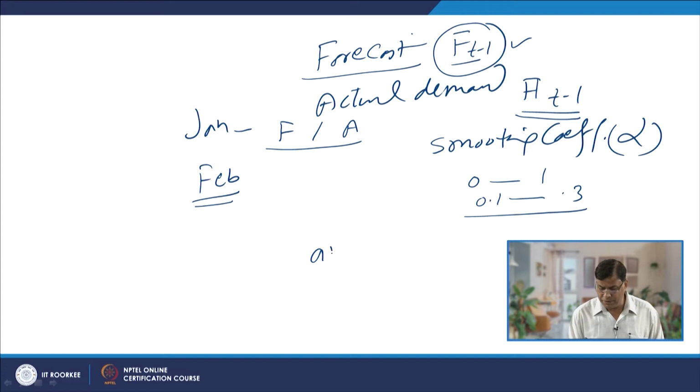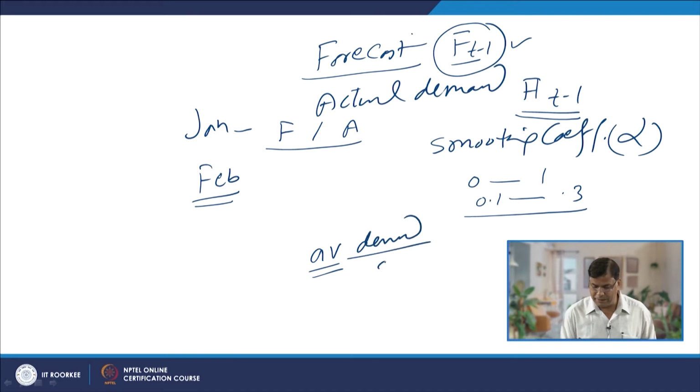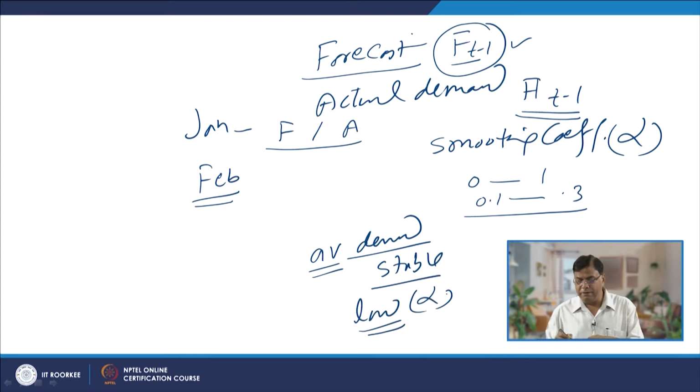If we see that the average demand is stable, then we use a low alpha value, and if the average demand is changing, then a higher value of alpha is preferred.